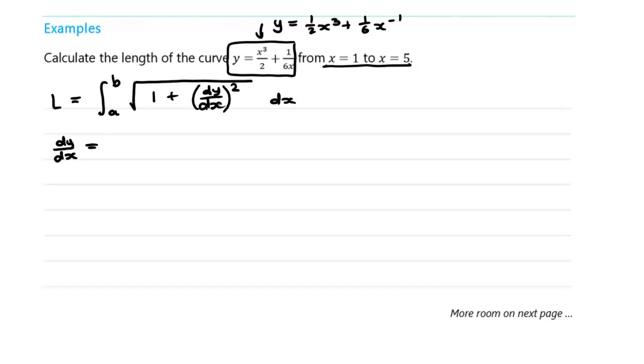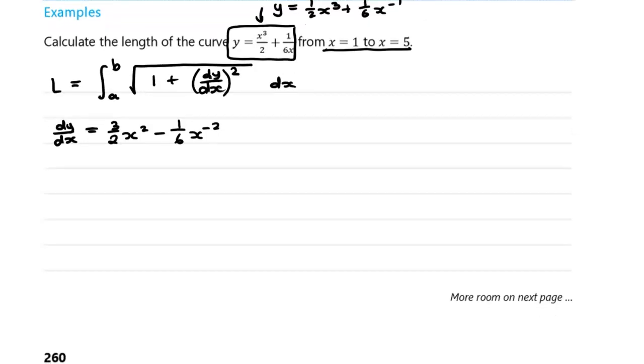So that makes dy/dx, looking at that first term, half x cubed, that's going to become 3 over 2 x squared, bring the power down the front, take 1 from the power, and then we're going to have minus 1 over 6 x to the negative 2, because we brought that original power, negative 1, down the front, and then we subtracted 1 from the power. And if you wanted to rejig that to have it without negative indices, you could write that as 3x squared over 2, either way, and then minus 1 over 6x squared.